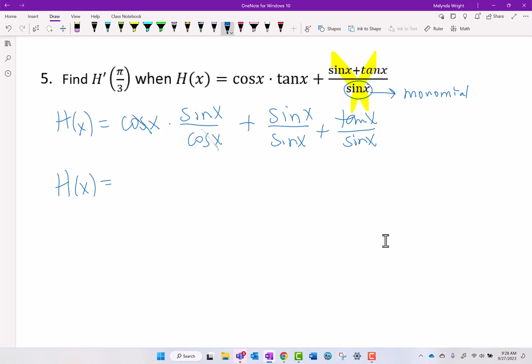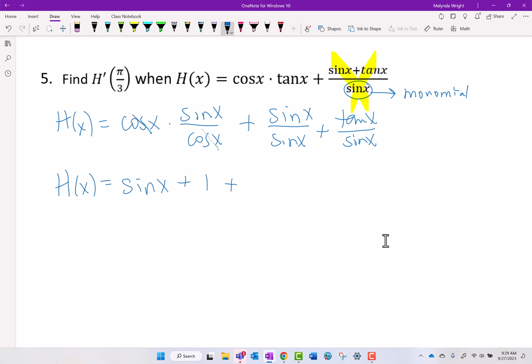This first term actually is simply sine. And that's going to be way easier to take the derivative of than cosine times tangent. I hope we see that. Plus sine over sine. What can I reduce sine over sine to? 1. Okay, that's even easier to take the derivative of. Yay. Now this last one, maybe we can make some good with it.